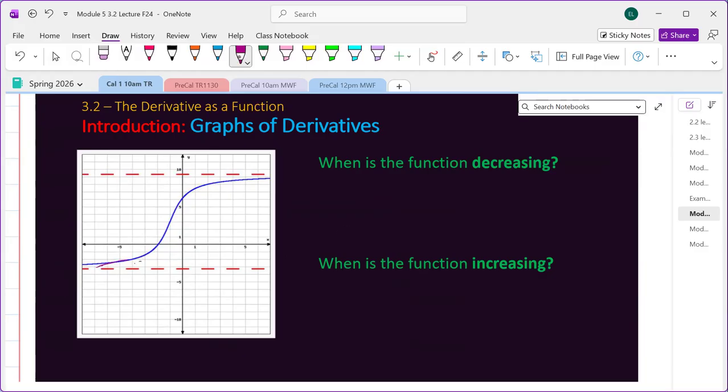If I sketch in some tangent lines, even as we get towards the endpoints, they are still ever so slightly upward tilting. So the slope of the tangent line for this whole graph is positive everywhere. So this graph is increasing everywhere. When is it decreasing? Never.